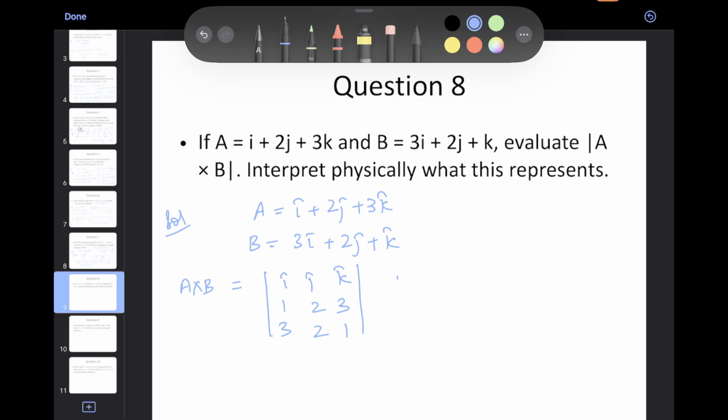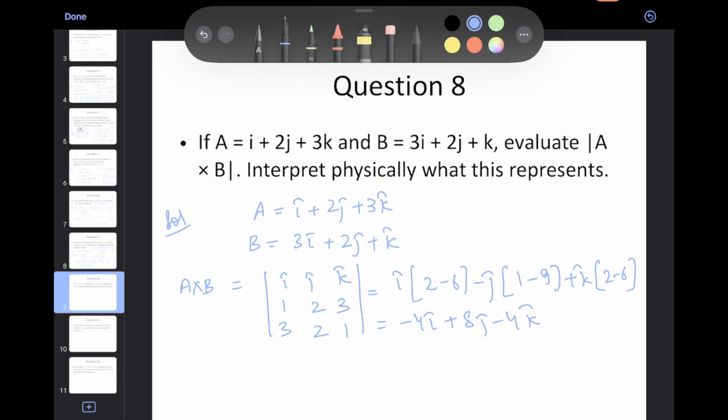Then this i cap is 2 minus 6. Then minus j cap is 1 minus 9, plus k cap is 2 minus 6. So this becomes minus 4 i cap. And 1 minus 9 is minus 8, so plus 8 j cap. And this is minus 4 k cap.